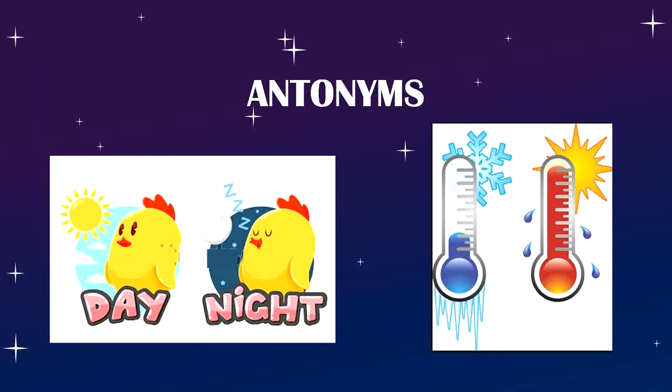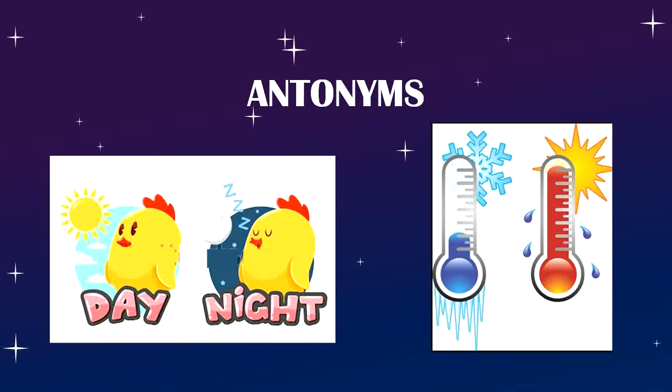Look here in the picture. There are two chicks. One has the sun shining over it. The other has the moon. One is awake and the other is asleep. They read day and night. So day and night are opposites. What about the next one? There are two thermometers.